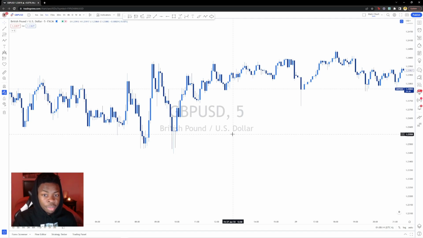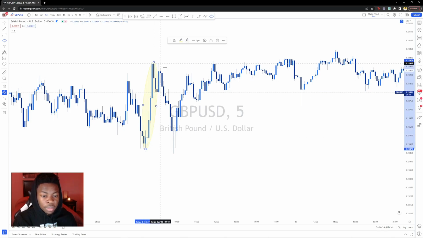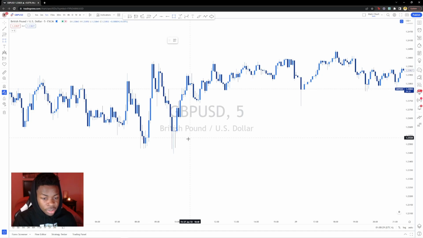And another example, for the demand zone: we have this big push right here, indicating that there's momentum and liquidity. So you want to draw our demand box, identify where the move started, and in that case, it's this one.